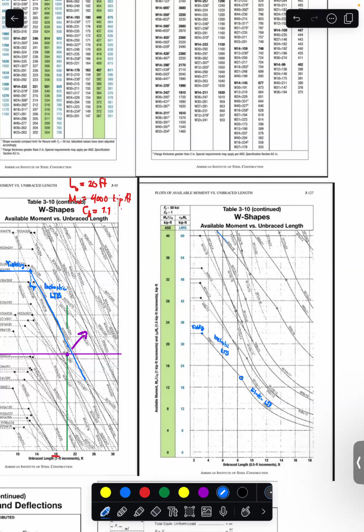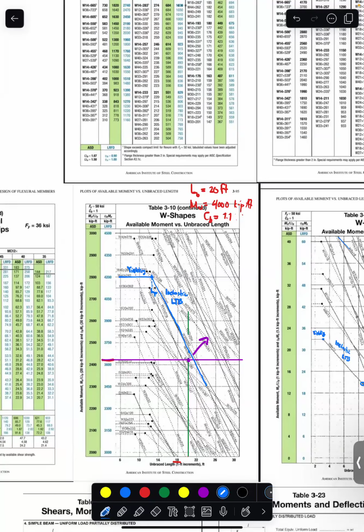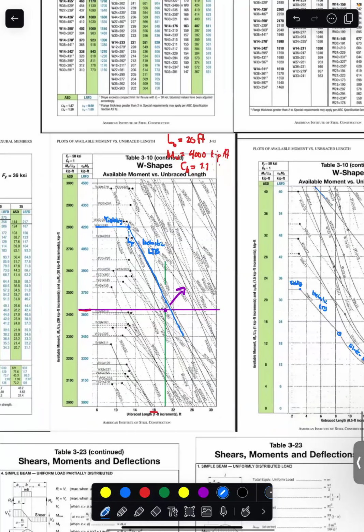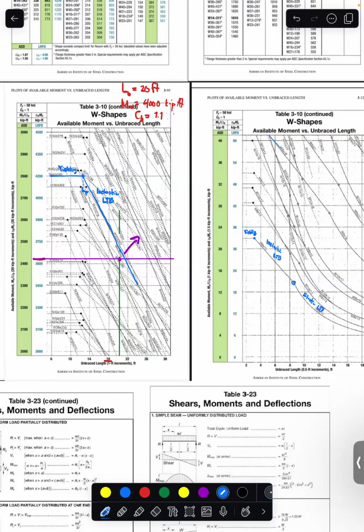So, pwede kong i-limit na, at ang acceptable sa akin is magsi-select ako ng section na at least in inelastic LTB yung governing failure mo. Kasi kadalasan, yun naman yung magbibigay sa atin ng pinaka magaan na cross-section.